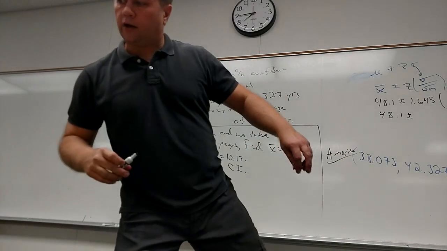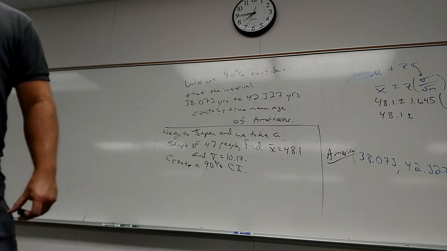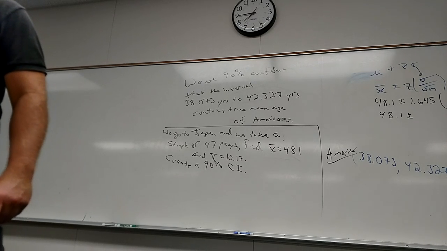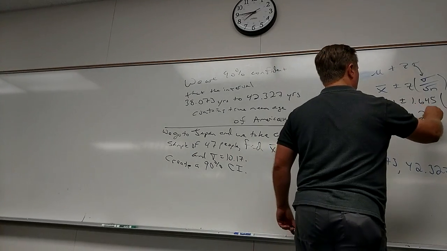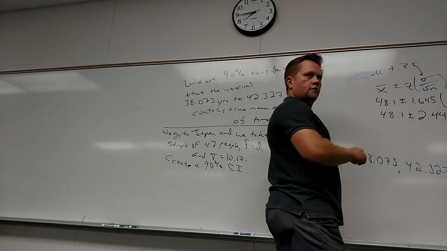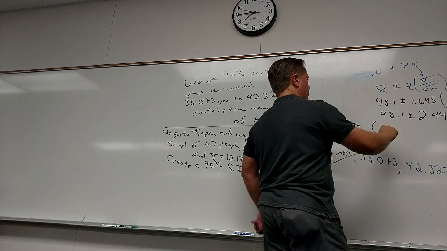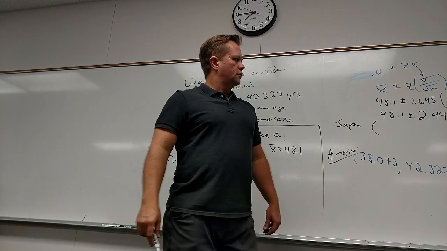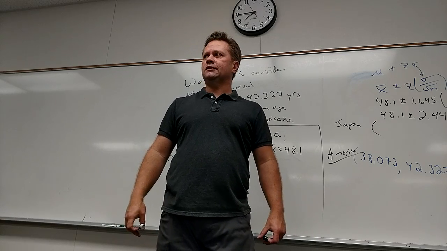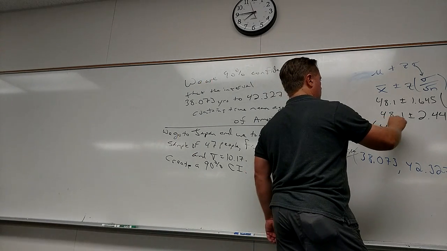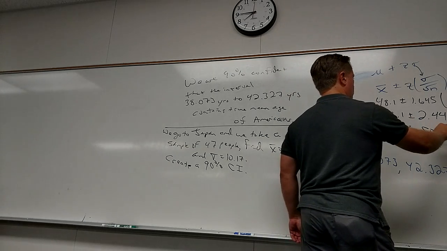What do you guys get for the error? 1.645. What do you get for the error? 2.44. Yeah, so let's say 2.44. So then the confidence interval for Japan looks to be 45.66 to 50.54.